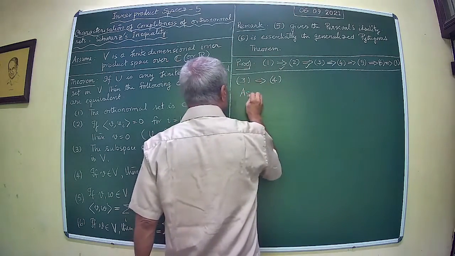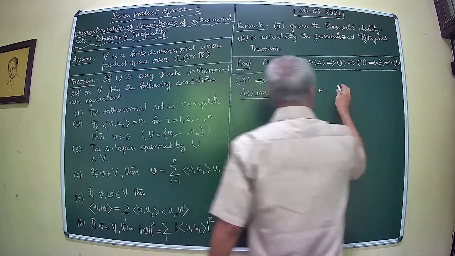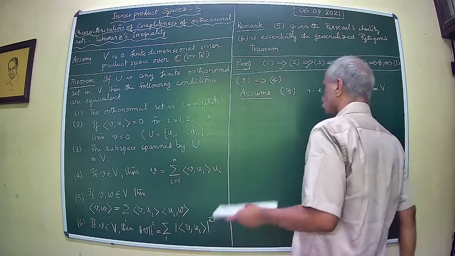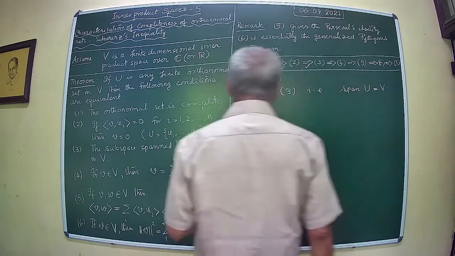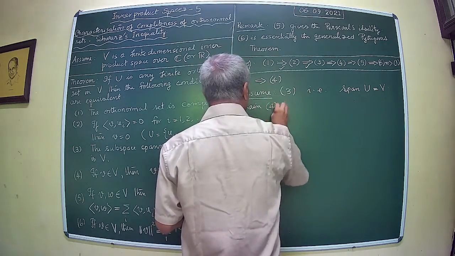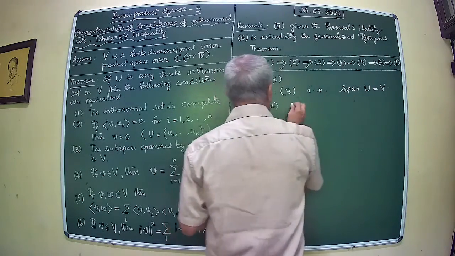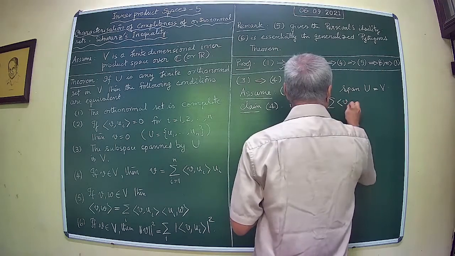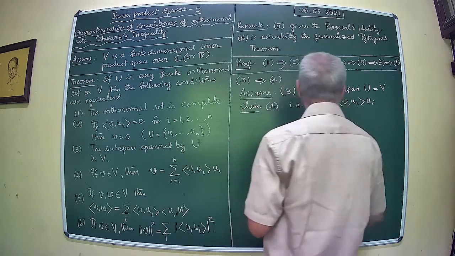Assume 3, that is, the span of the orthonormal set U is equal to V. Then we claim that V can be expanded.